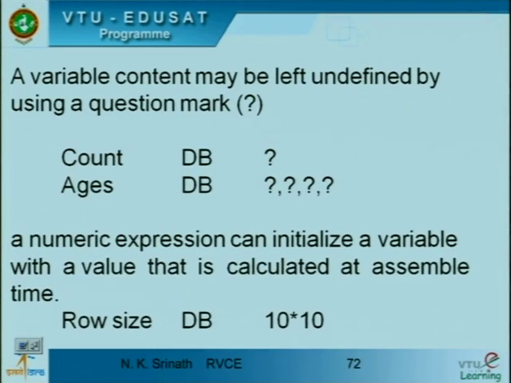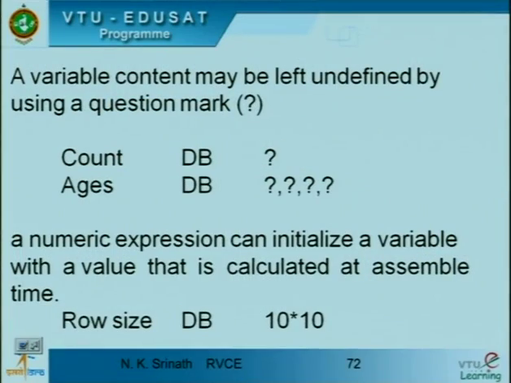A variable's content may be left undefined by using a simple question mark. Say, for example, we have a program in which you want to add two numbers and store the result in a third location. The third location's value you do not know for the time being, so you want that space to be left aside, and in such circumstances we directly give DB question mark.